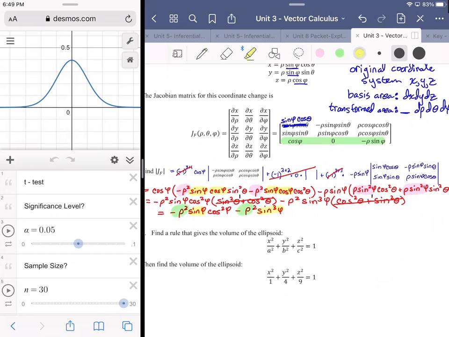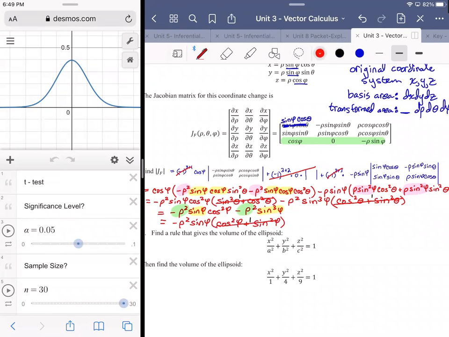I can't take all of the sine cubed out, but I can at least take one factor of it. So if I pull out a negative rho squared sine phi, I'm going to have cosine squared phi plus, rho squared's gone, one factor of sine cubed removed will give me sine squared of phi. Pythagorean identity. Result of 1.